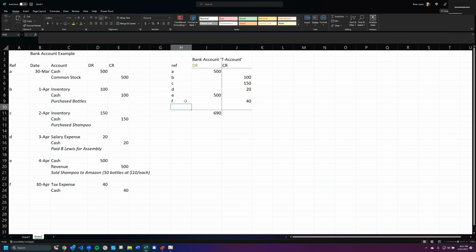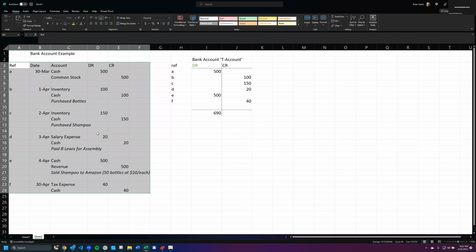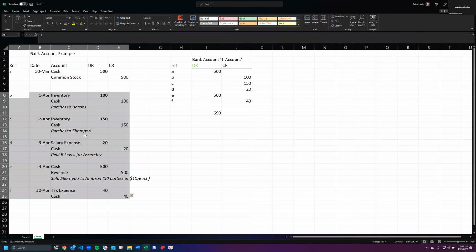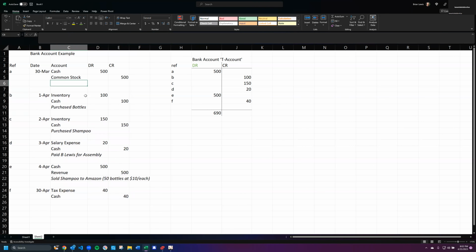Okay, so these are all the transactions, and you'll learn more about how these work later on, and how they're constructed: reference, date, account, debit, credit, your account, and usually a description. And I forgot the description on this one, so let me just throw it in here for posterity's sake.